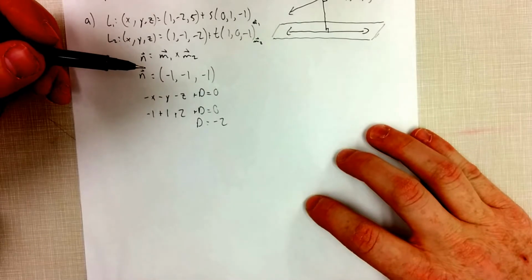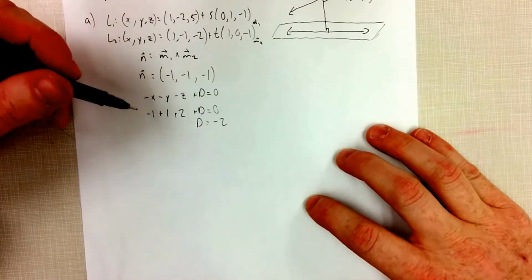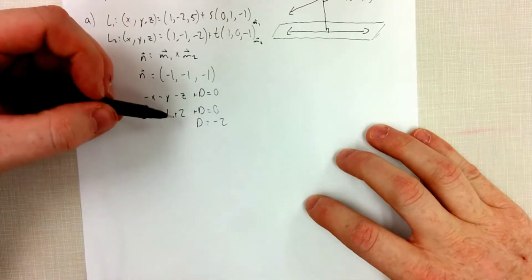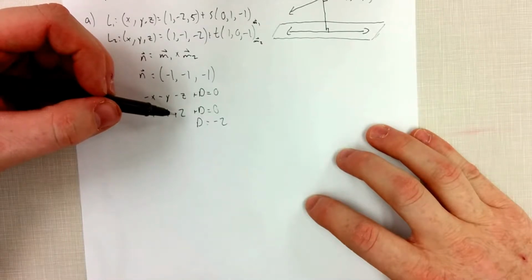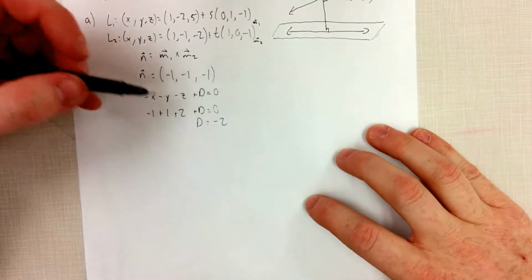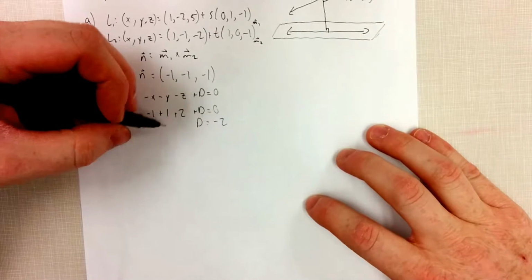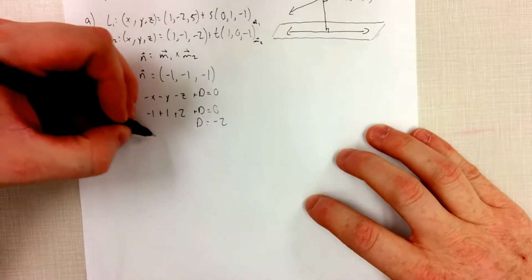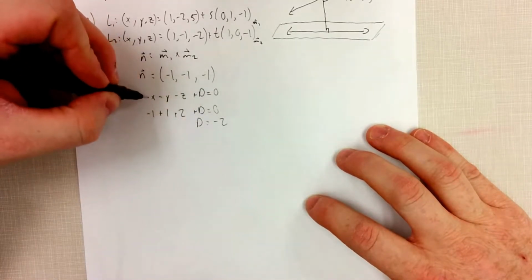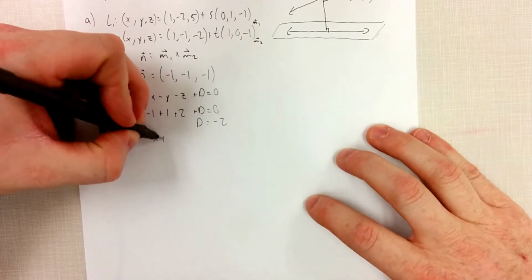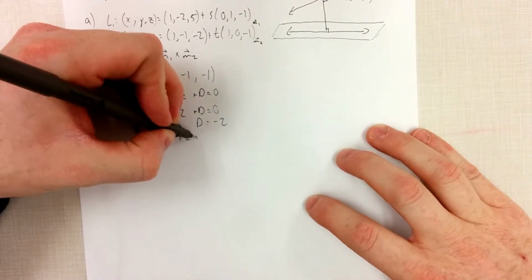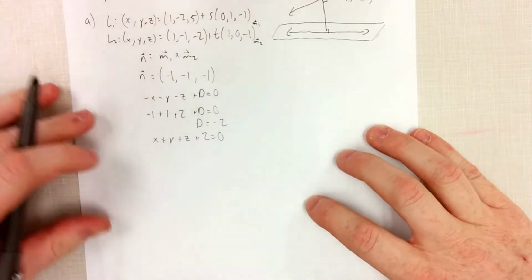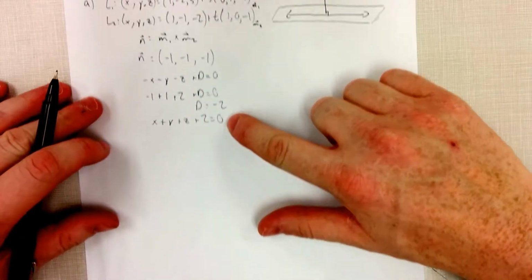Did I do that right? I believe I did that right. So the equation of the plane I'm looking for here is, well, look at that, they're all minus, so I'll just change them all to plus: x plus y plus z plus 2 equals 0. That will make things a bit easier.